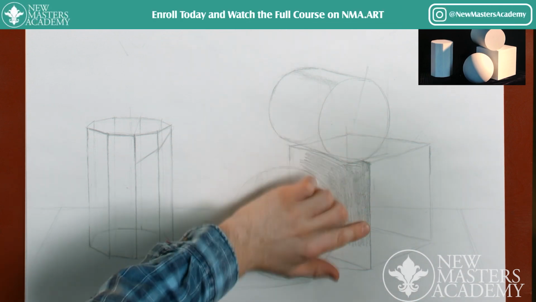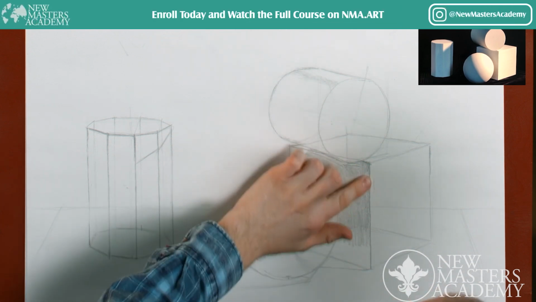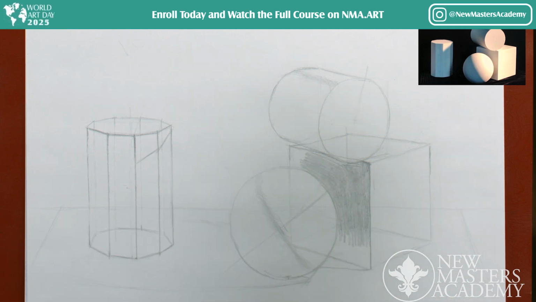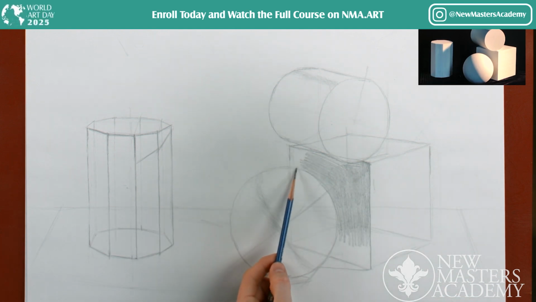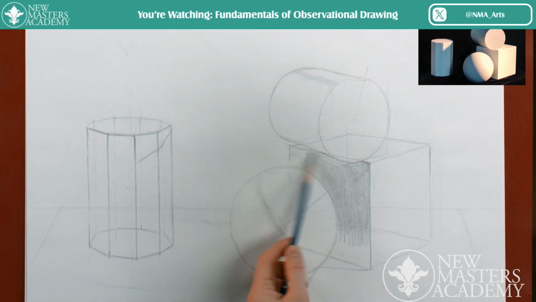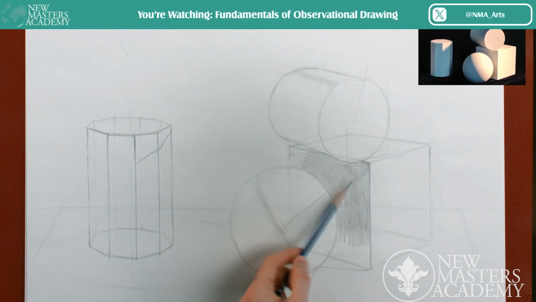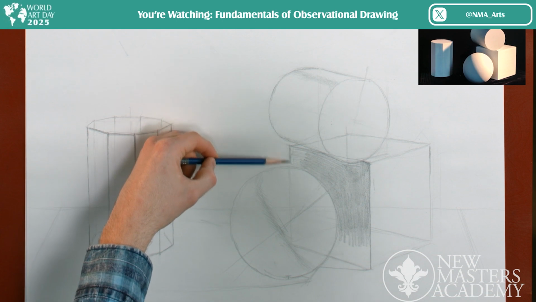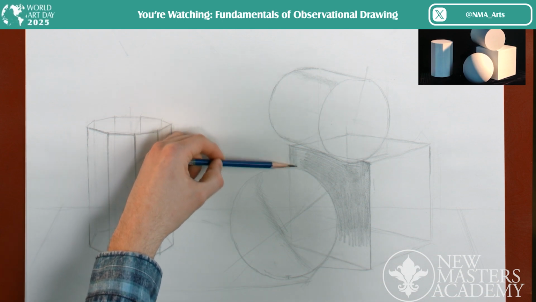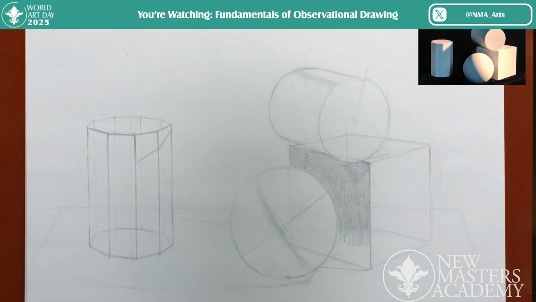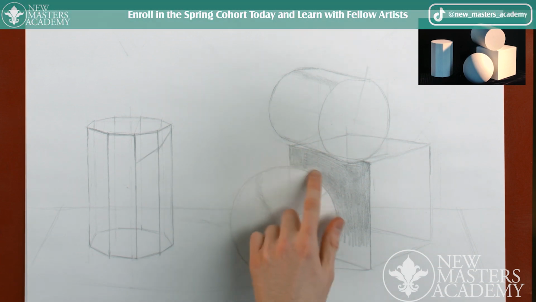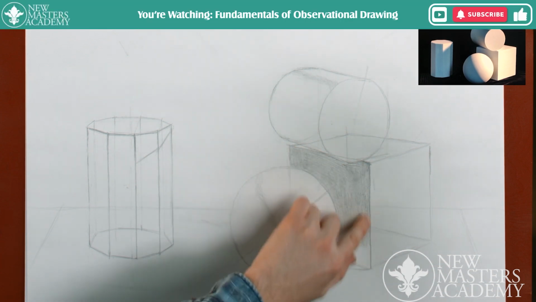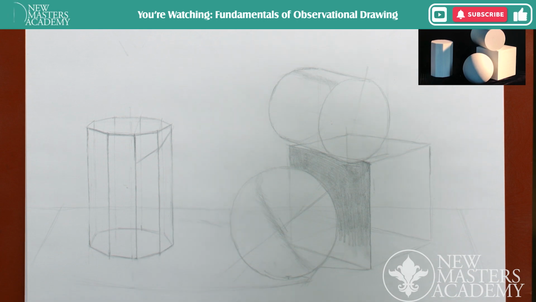So here I'm pushing the marks I made into the texture of the paper a little bit to get a smoother tone. See, so I'm working only on the surface of the cube right now.